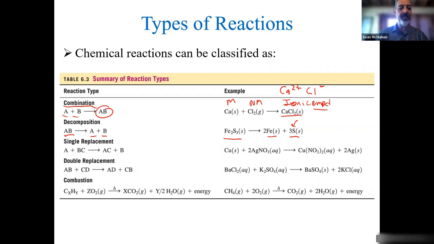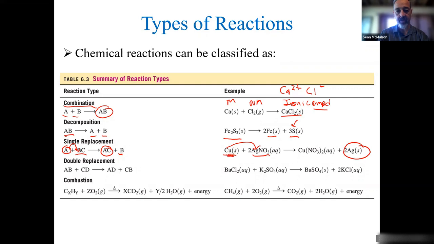That's okay. Single replacement. That's where I have an element and a compound, and one element kicks out the other element and forms a new compound and a new element. So when I look, copper is an element, okay? It's a metal. Silver nitrate is a compound. It's an ionic compound. The copper comes in here, kicks out the silver to form a new compound and new element, right?